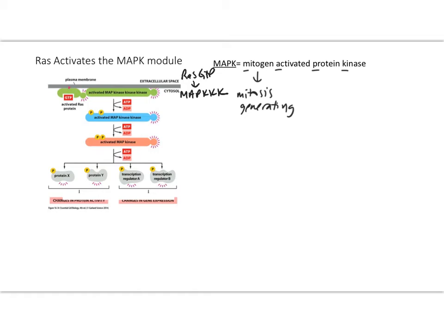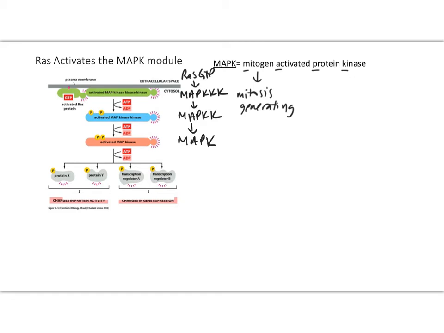MAP kinase kinase kinase will phosphorylate MAP kinase kinase, which is shown in blue over here. And again, this is through the transfer of a phosphate group from an ATP molecule. And then a MAP kinase kinase will activate a MAP kinase.